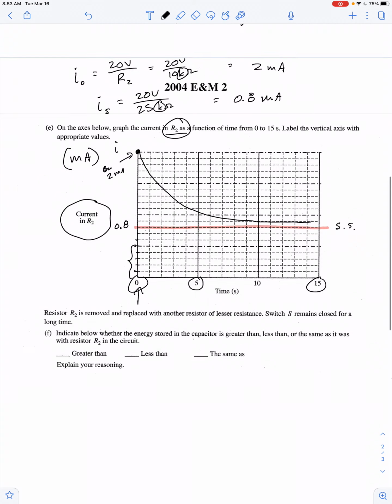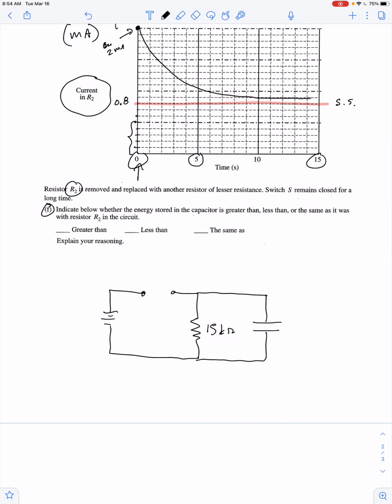Last question, part F, this is a long one. Resistor number 2 is removed and replaced with a lesser resistance. So we've still got our 20 volt power supply. We've still got this 15,000 ohm resistor. Still have the same capacitor, but the resistor in this place is now something less than 10.